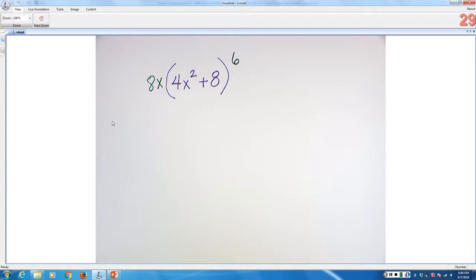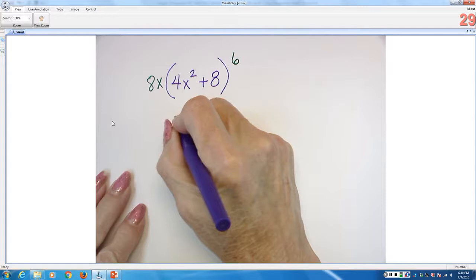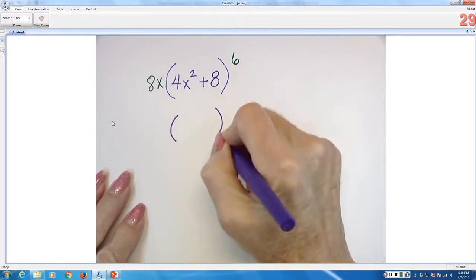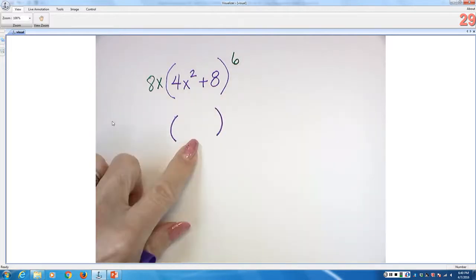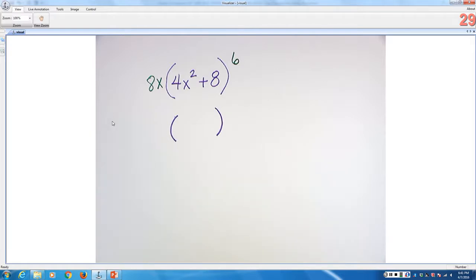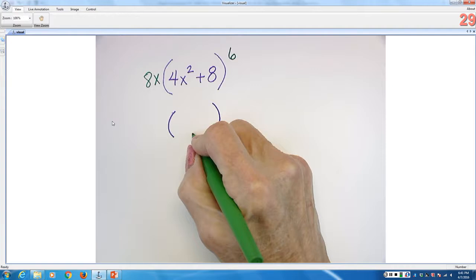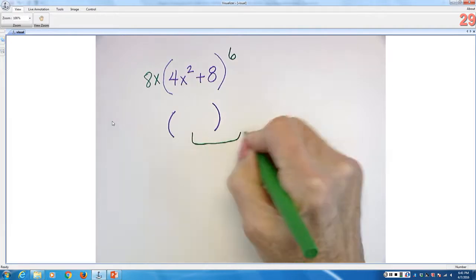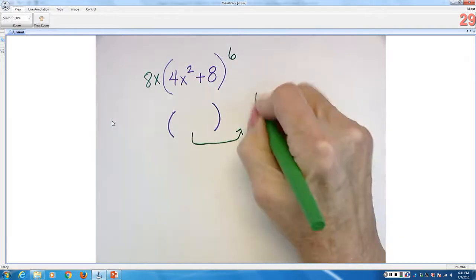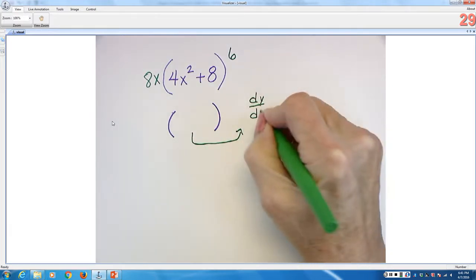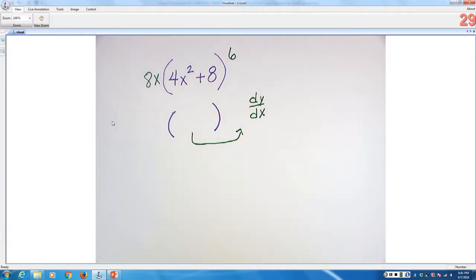The reason that we have to be careful about this is called a substitution, is whatever the derivative of inside the parentheses is, it has to be outside the parentheses for us to undo the chain rule. So the derivative of whatever's inside has to be present outside the parentheses.